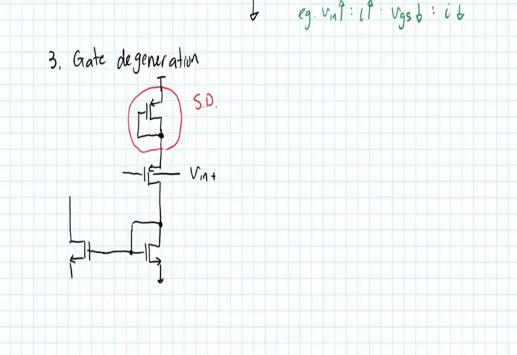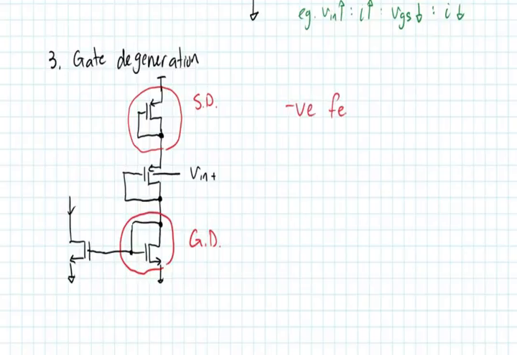We're basically going to mirror this circuit here, okay? And we're going to connect this PMOS transistor in a diode connected way, okay? So this here is what we call the gate degeneration transistor. So this also operates using negative feedback.